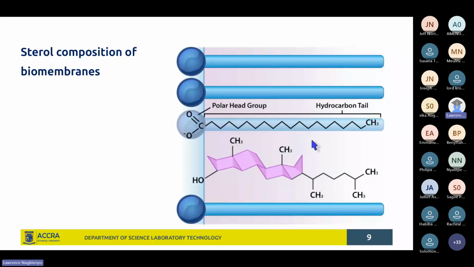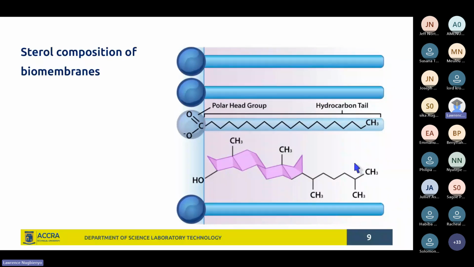We're just showing, say, a cell membrane with a hydrophobic tail, and then you have some cholesterol which is embedded in between these phospholipids. Now, what do you notice?